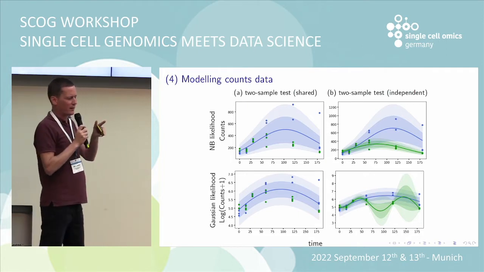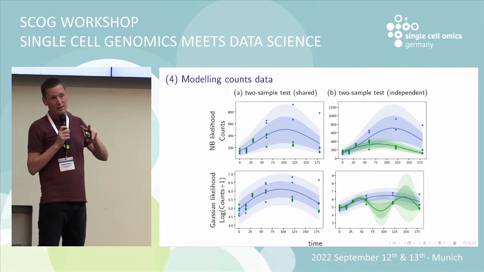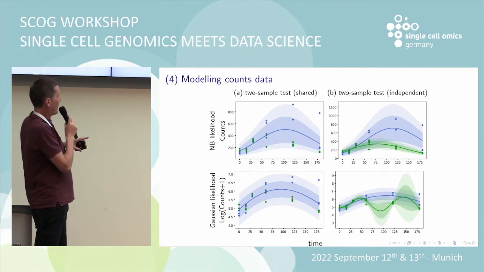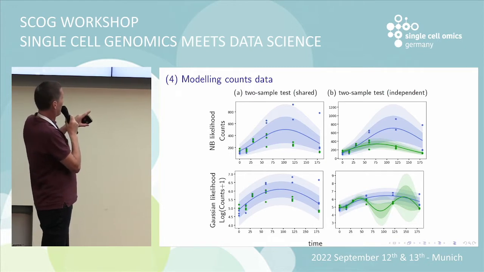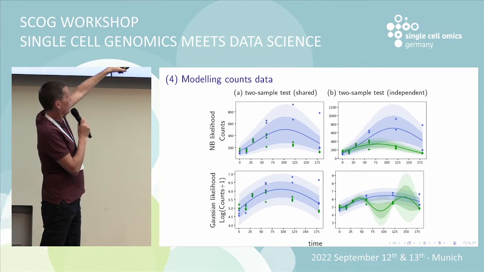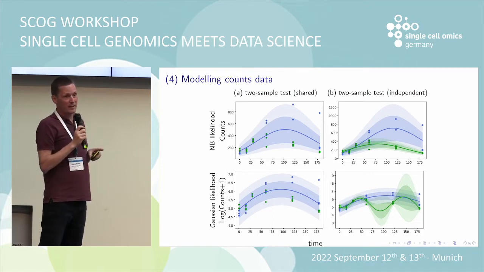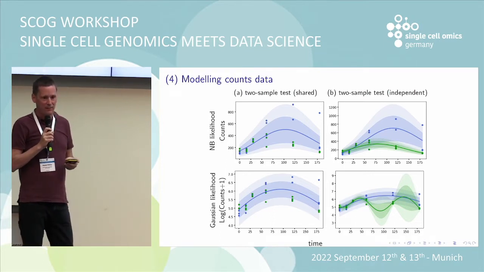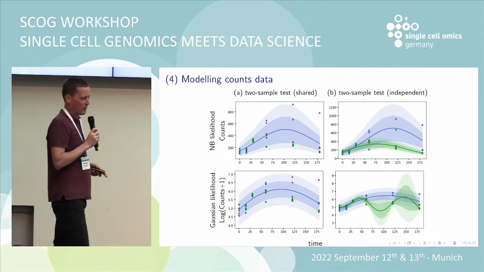And that regularizes the variance estimation a little bit, and it makes things perform better. So the left-hand model, where it thinks that the green and blue come from the same profile, ends up having much worse likelihood than the right-hand one where they're different. And in this case, the genes are clearly having different dynamics. So things work better.